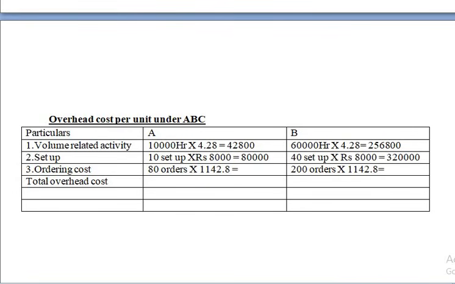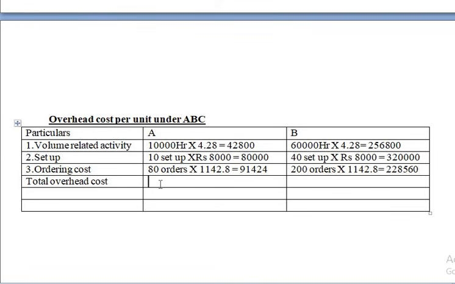So we'll get for product A 91,424, and for product B 2,28,560. So all the activities are over.